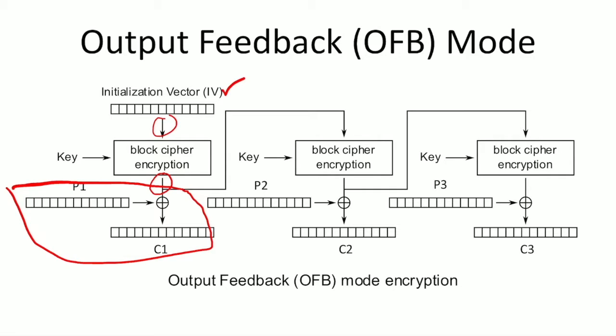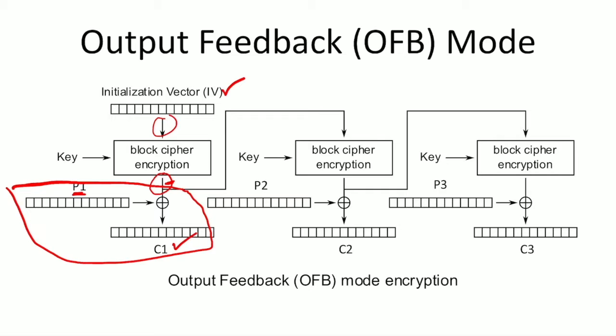This is essentially just a block containing random data. So we encrypt it using the block cipher encryption algorithm and the symmetric key. This output is not the ciphertext, rather an output block that we consider as the key block for the first plaintext block. And so we take that output and we XOR that with the first plaintext block to get our first ciphertext block.